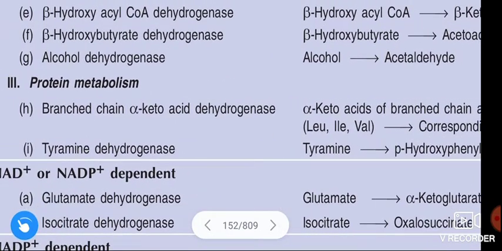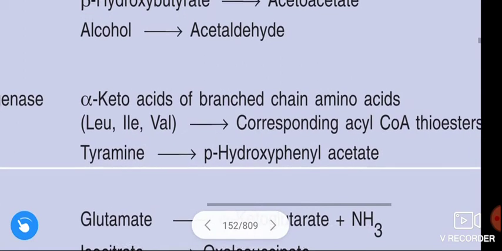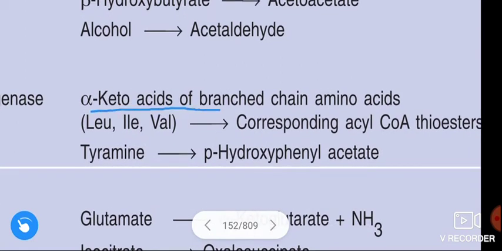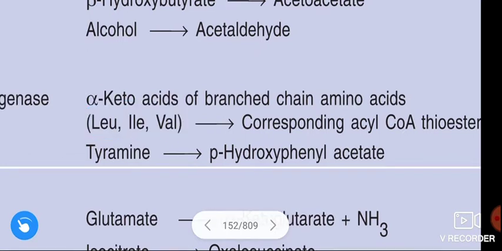See here where these enzymes act. Branched chain alpha keto acid dehydrogenase acts on alpha keto acids of branched chain amino acids: leucine, isoleucine and valine. These three are the branched chain amino acids.